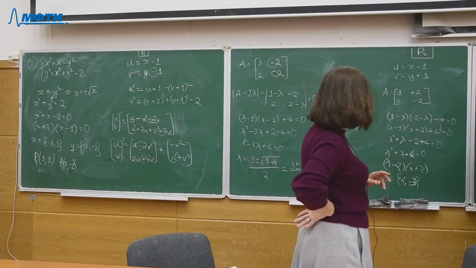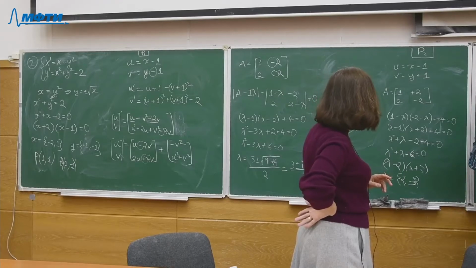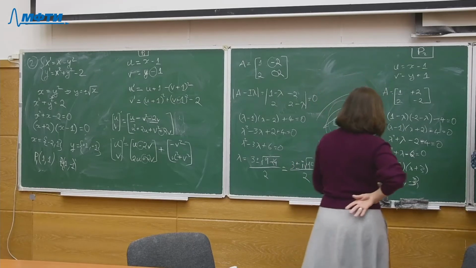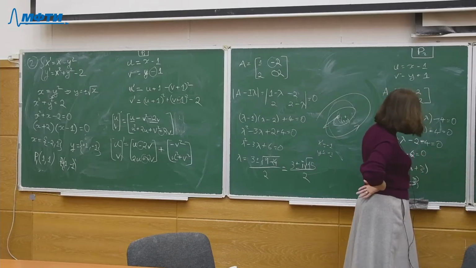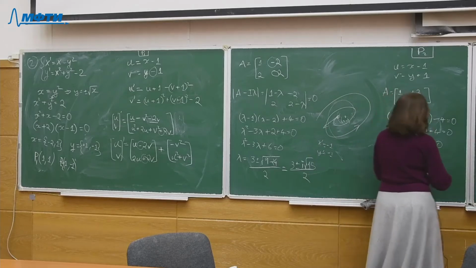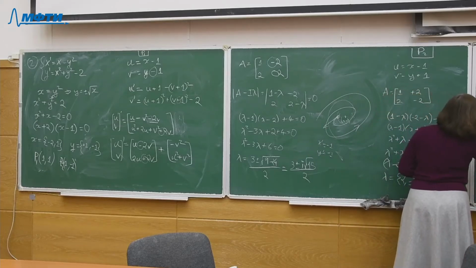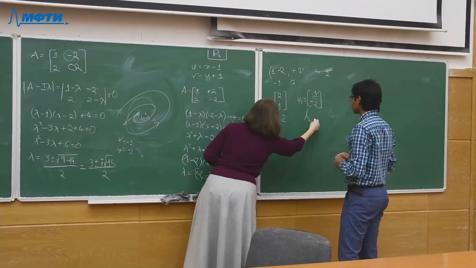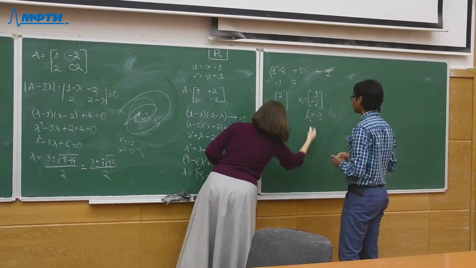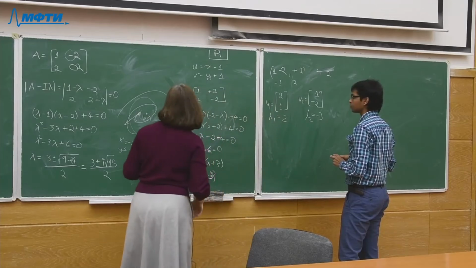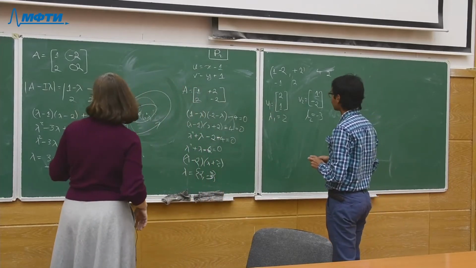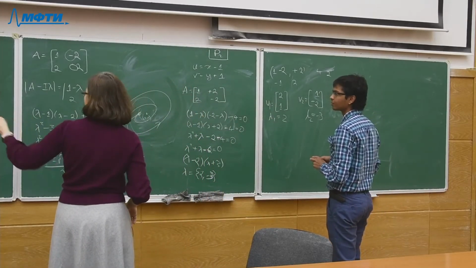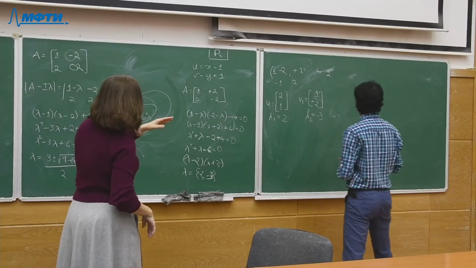And this is also correct. So the first one corresponds to lambda 1, which is 2, and lambda 2 is negative 3. And now the phase portrait near the point 1 and negative 1.